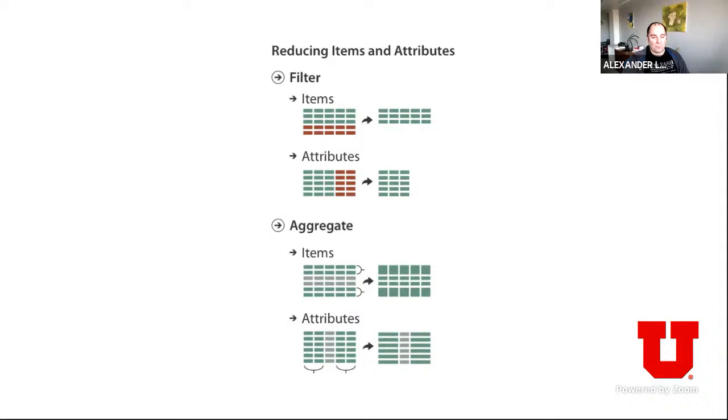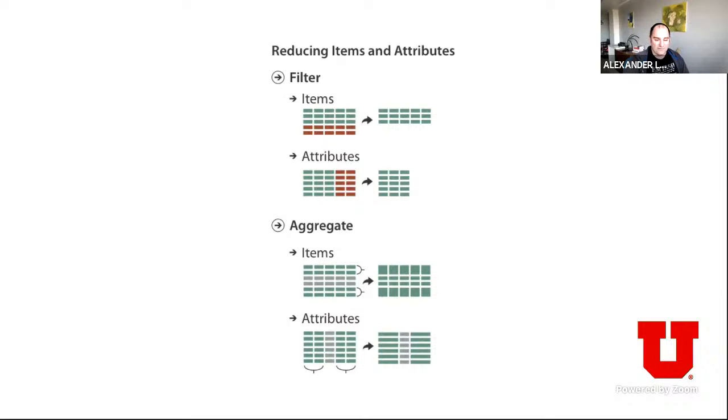So when we talk about filtering and aggregation, it's usually a method to deal with scale, right? By filtering, we want to remove items or attributes, ideally the ones that are not relevant. If you think about this in terms of tables, remember that you can remove both rows or columns of a table. And you could apply filtering, selection or query approaches to either of those.